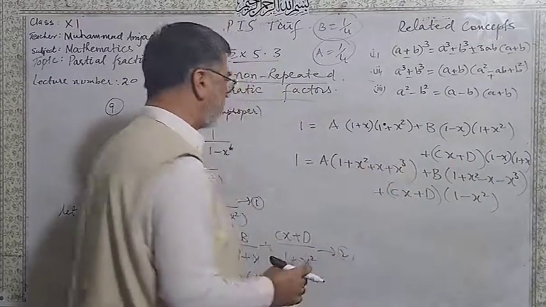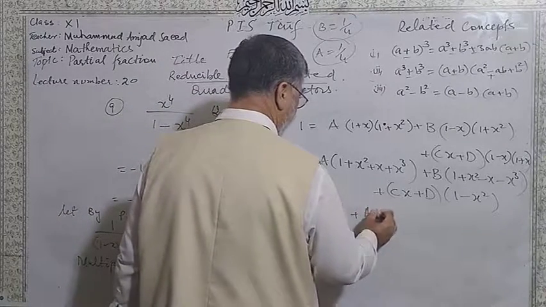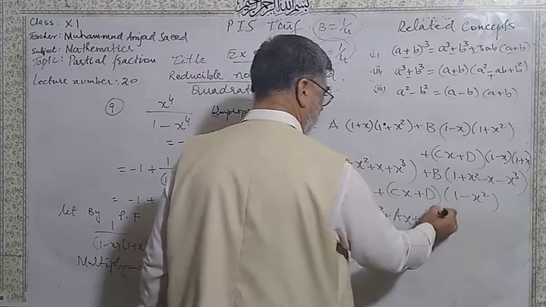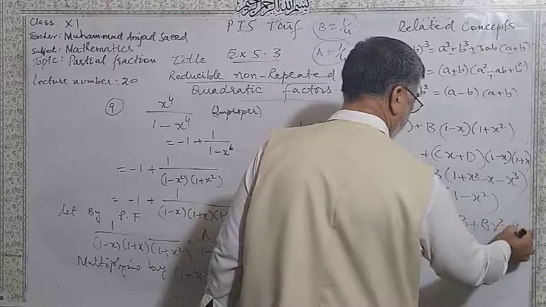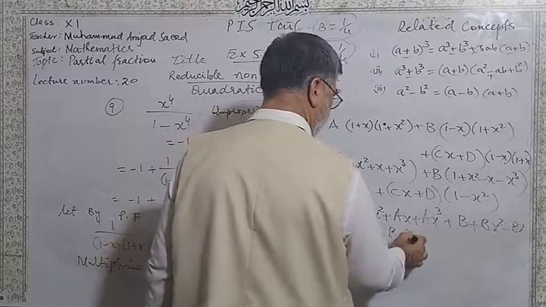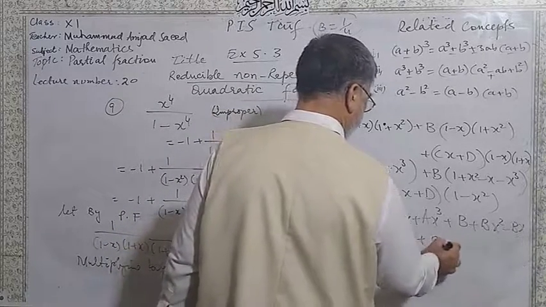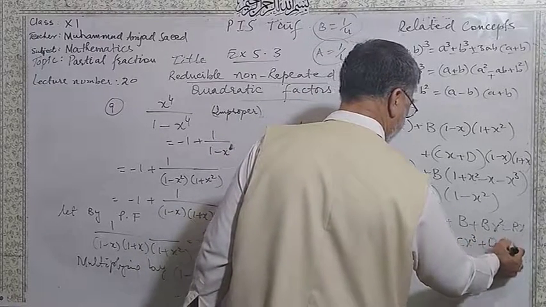We will apply that. Here 1 is equal to a plus ax square plus ax cube plus bx square minus bx cube, and at the end cx minus cx cube plus d minus dx square.